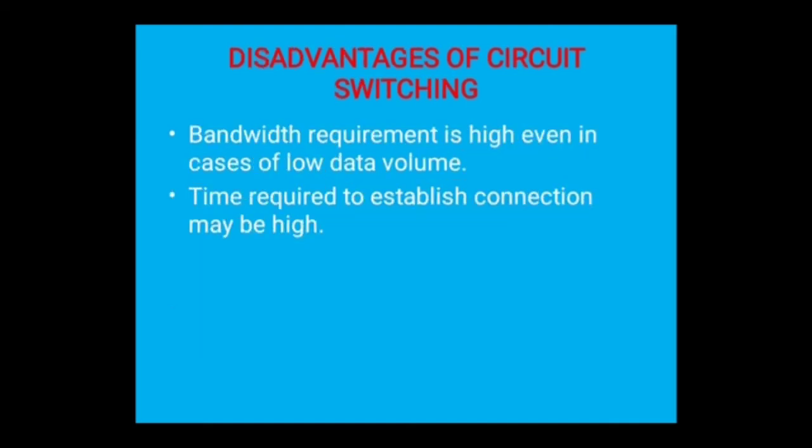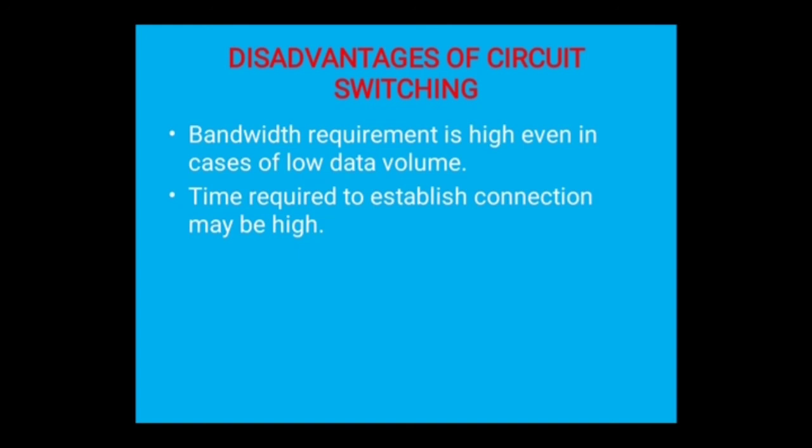Then we have the disadvantages of circuit switching. Obviously, we need predefined capacity, so the bandwidth requirement is always high. We need very high bandwidth, even if we have a low data volume. And the more important thing is the time taken to establish the circuit.